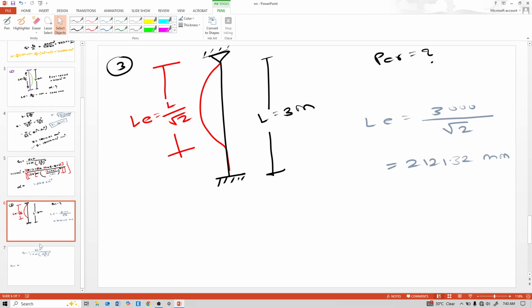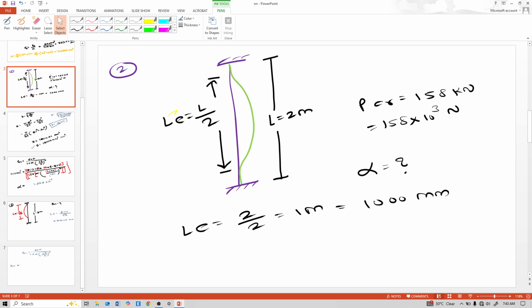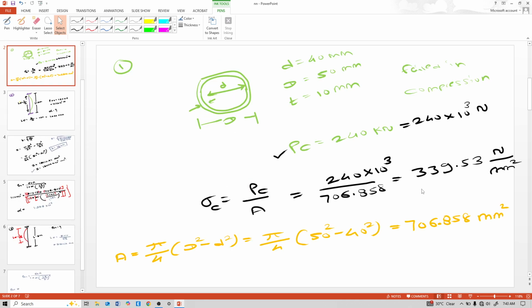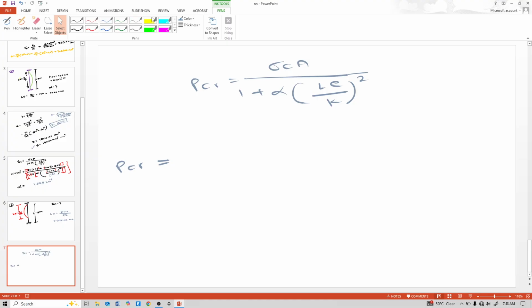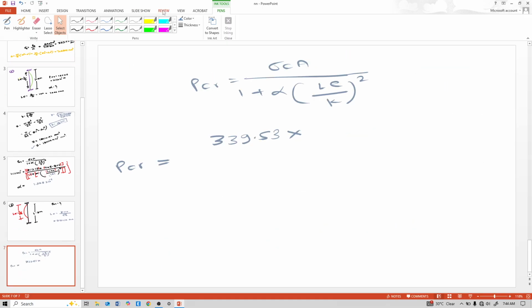PCR. Use the same sigma C, that is 339.53. Area 706.858 divided by 1 plus alpha.